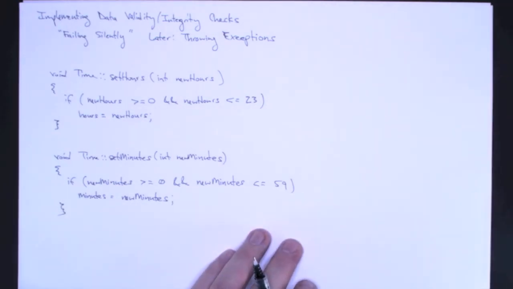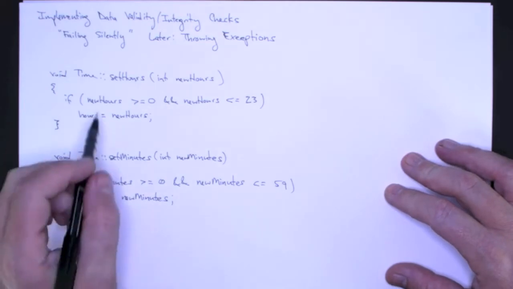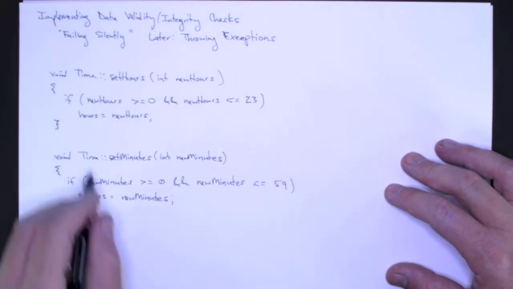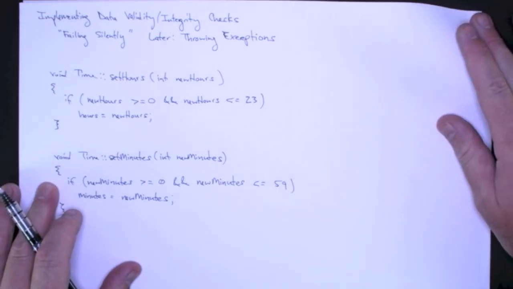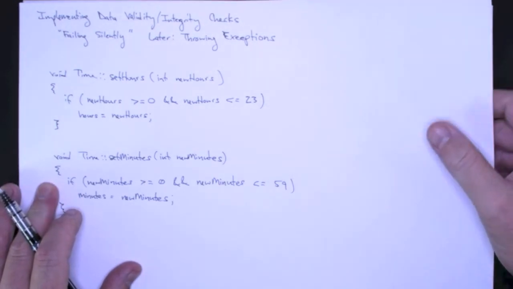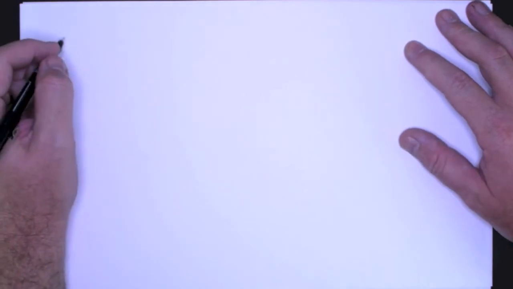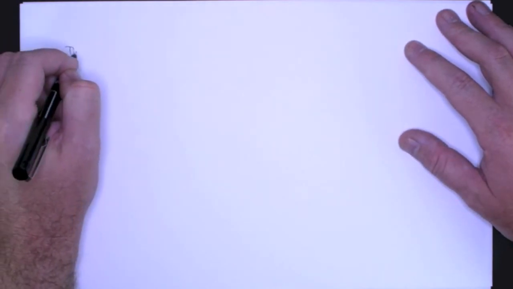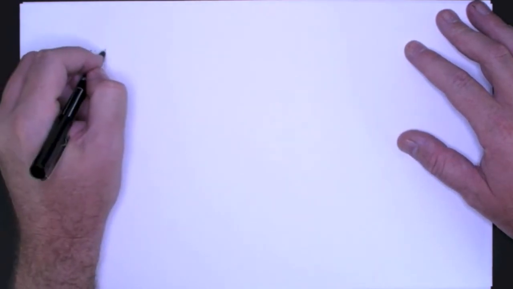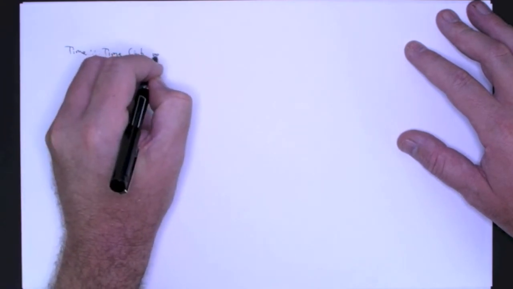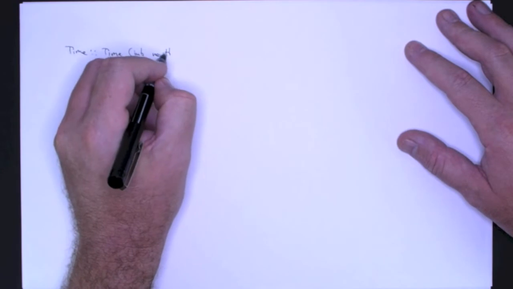Now what I need to do is go back and change my constructor, and I need to change the enter method so that they use these new implementations. So here's how I'm going to do that. The explicit constructor is pretty simple. Someone's going to pass in new hours.